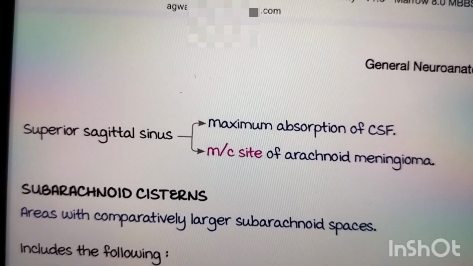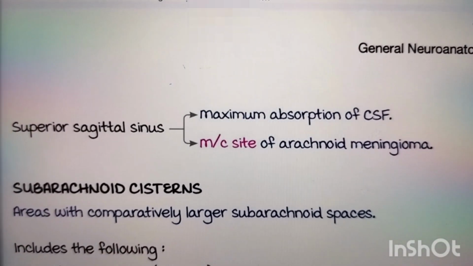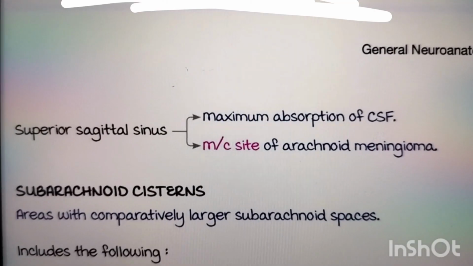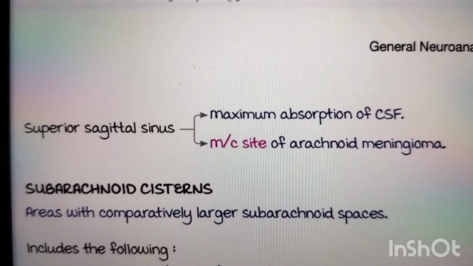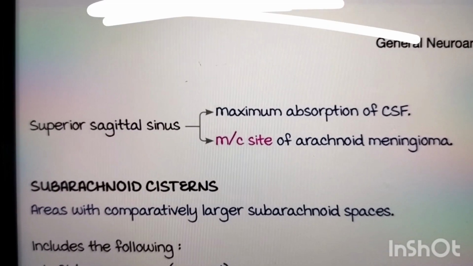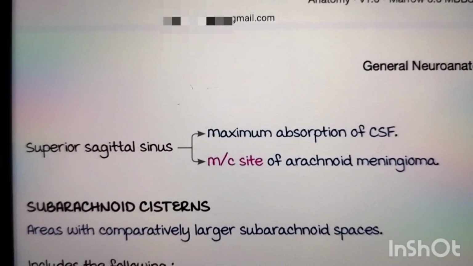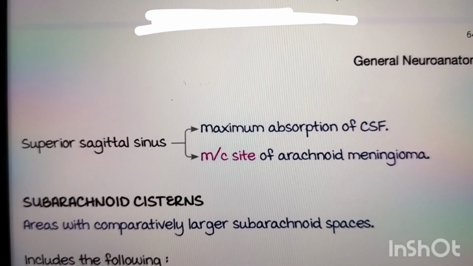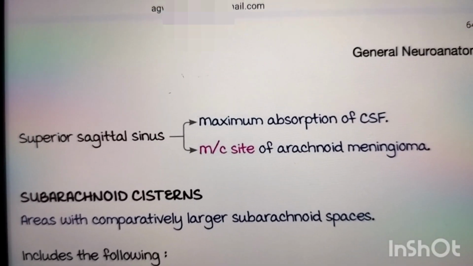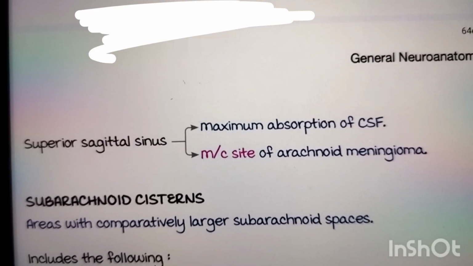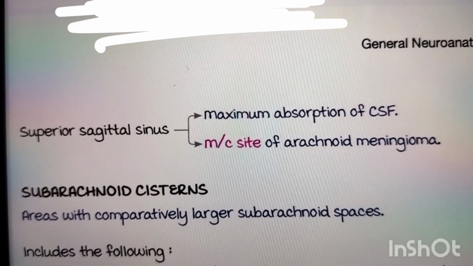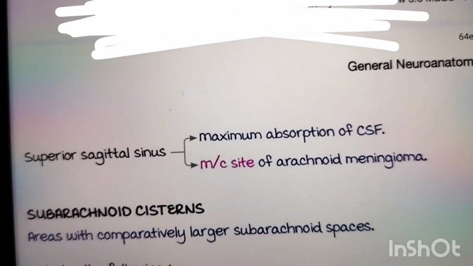So we already discussed that subarachnoid spaces are present, taking responsibility for the blood vessels of the brain, and they have the CSF. Basically, pia mater is adherent to the brain, but subarachnoid spaces are not like that.